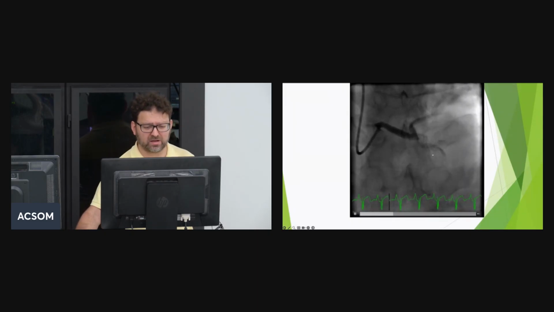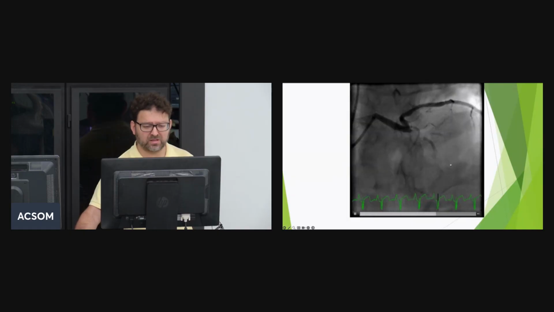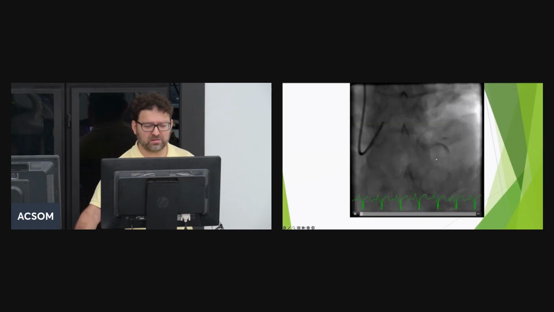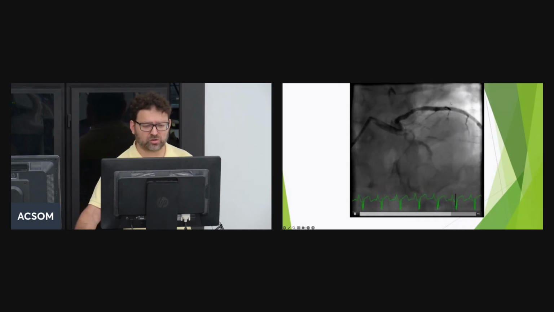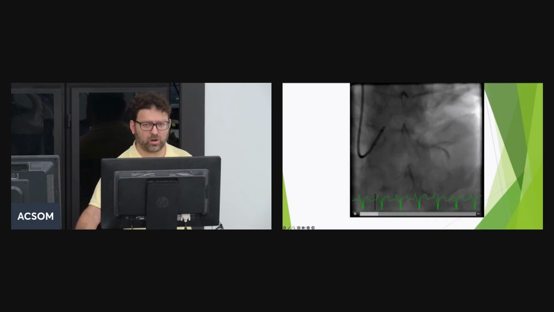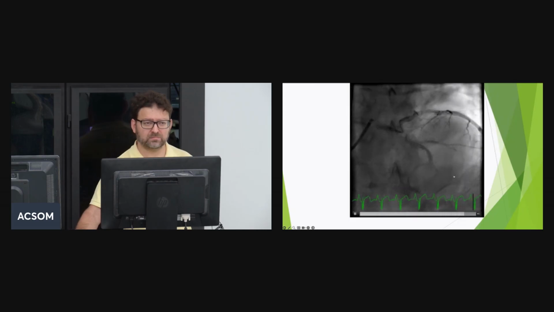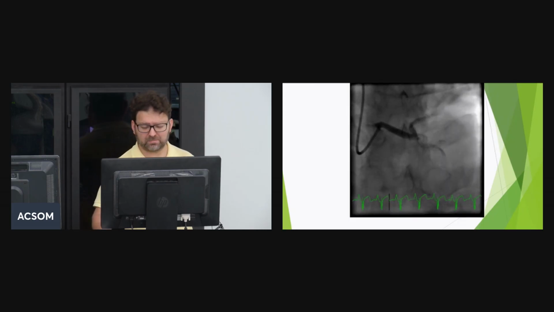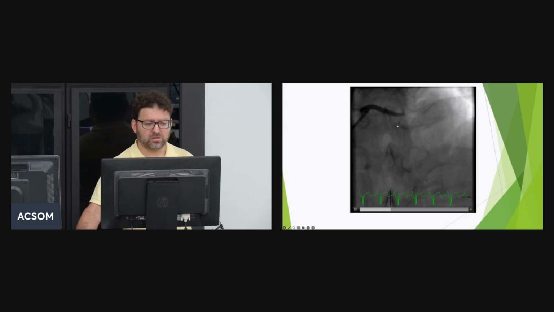You can see the hang up of dye right here is actually in the vessel. Where's the blood flow here? This is the circumflex feeding the lateral wall. Where's the LAD? That's MIA.